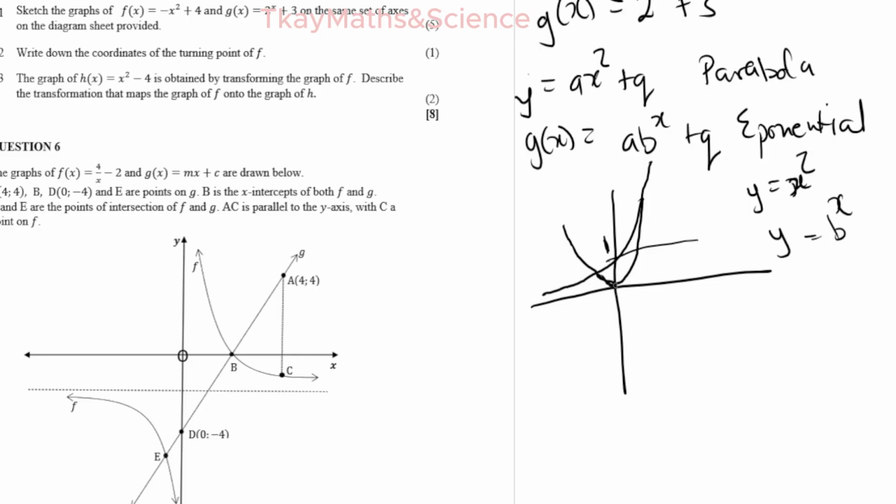This one is going to be cup shaped, but it's going to come here. The minimum value is going to be 0, and also this exponential one is going to be like this, going towards 0 here but never touching 0. Then it goes up like this, so it's always positive, going upwards.